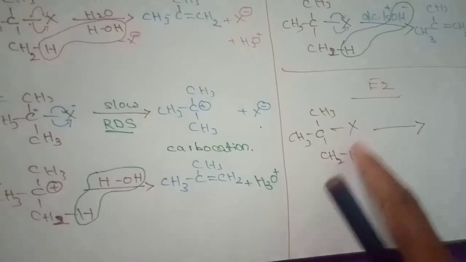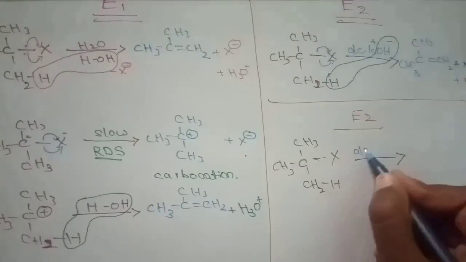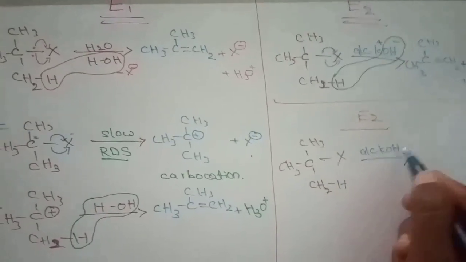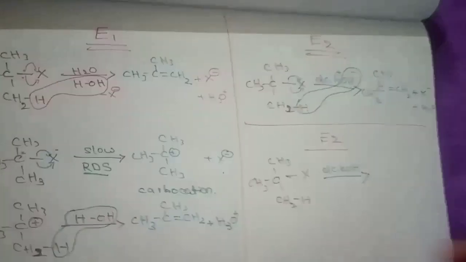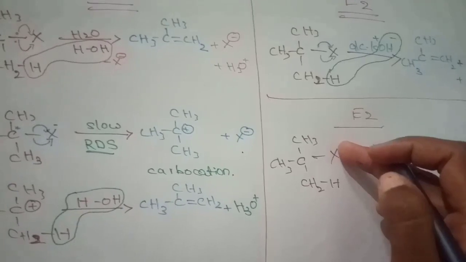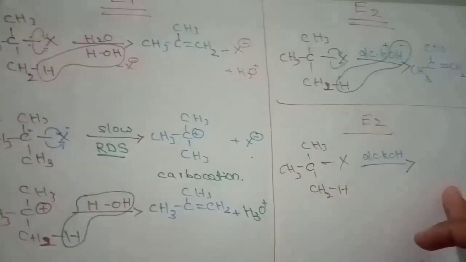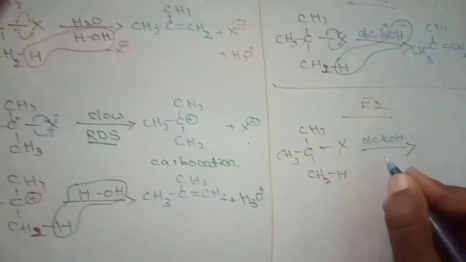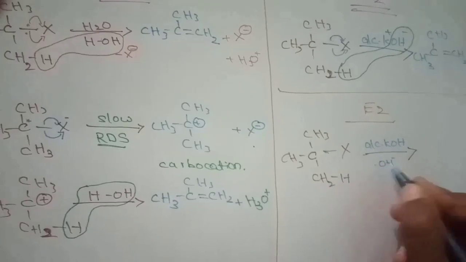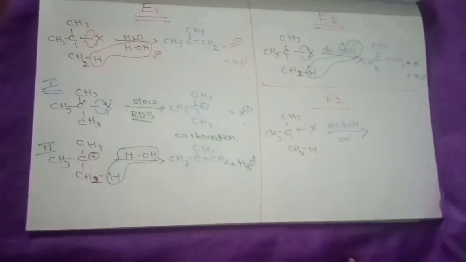In this reaction, removal of halogen and removal of hydrogen take place simultaneously because of the strong base, alcoholic KOH. Both removal of halogen and removal of hydrogen occur simultaneously, and the alkene is formed also. Here KOH gives OH minus as the nucleophile.